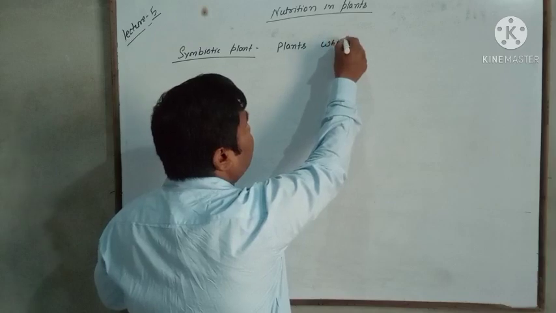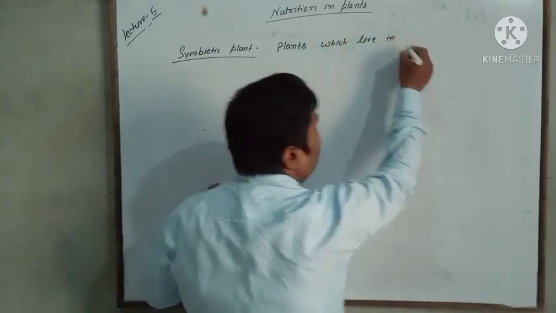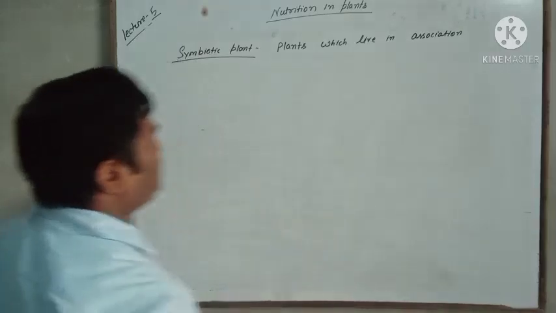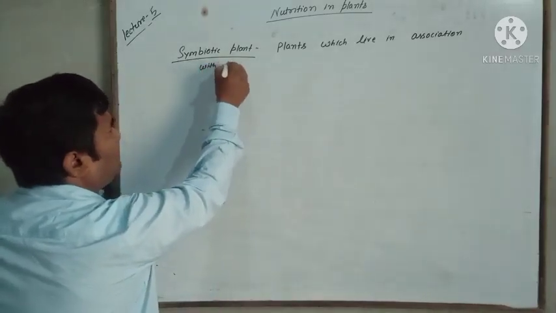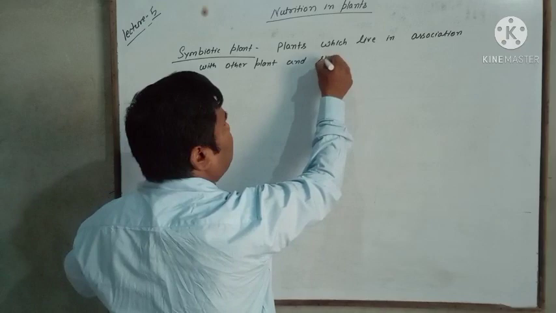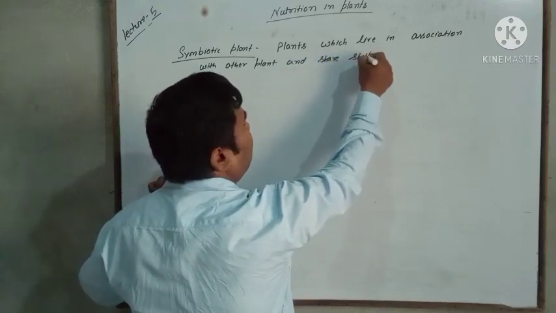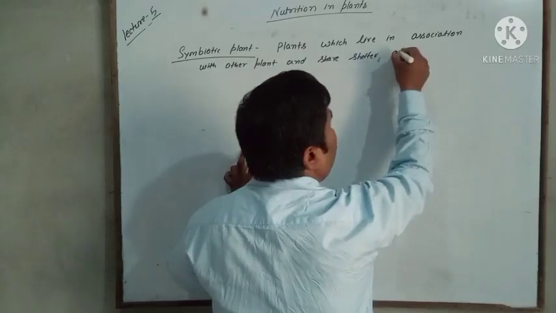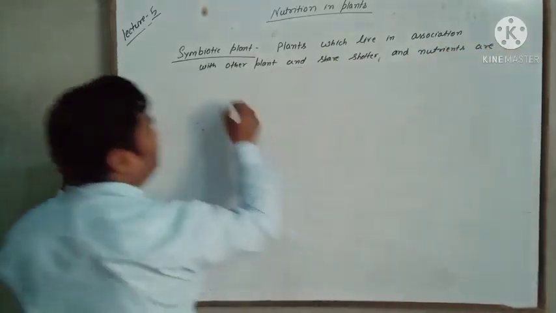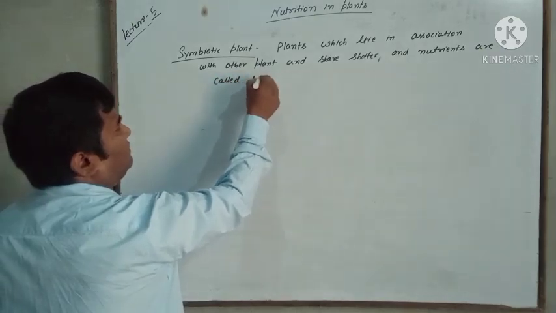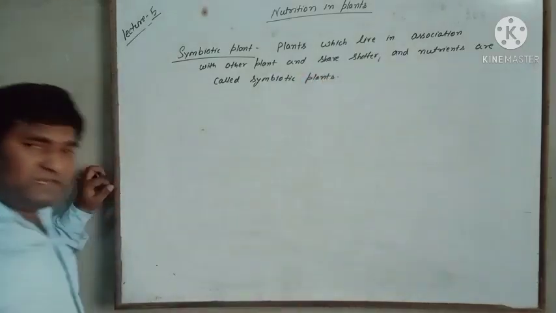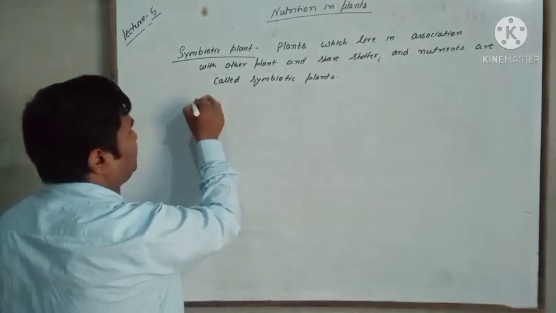Plants which live in association with other plants and share shelter and nutrients are called symbiotic plants, and such a relationship is called symbiotic association.